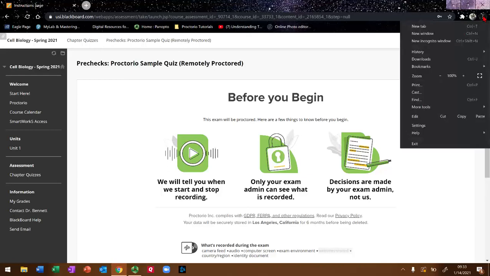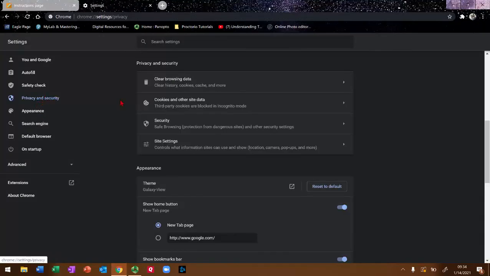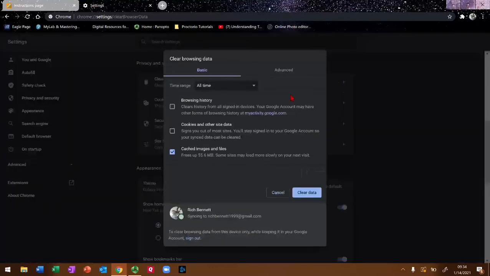Click on the three dots here, and you want to go to Settings, Privacy and Security here. You want to click on Clear Browsing Data, and you want to make sure that cached images and files is checked. Now, if you want to check browsing history and cookies and other things like that, you can do that, but you at least need to have cached images and files checked.